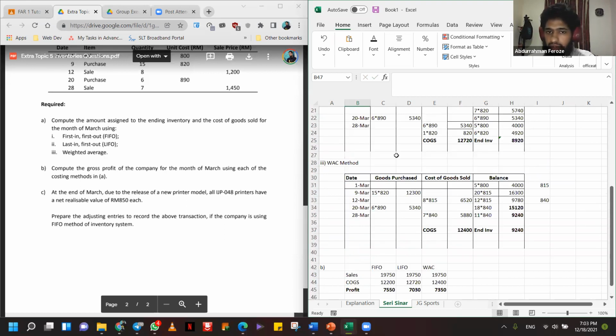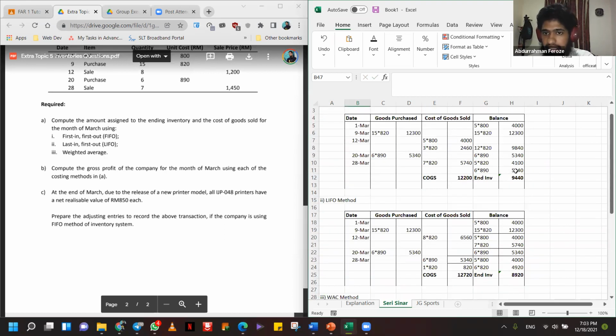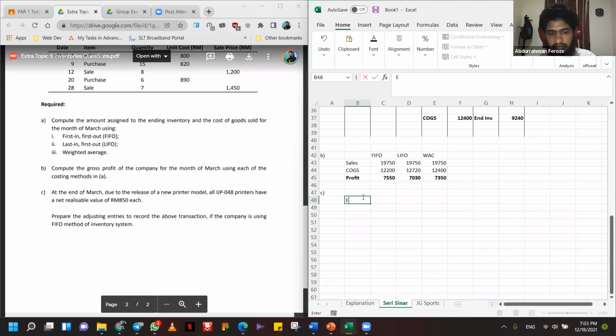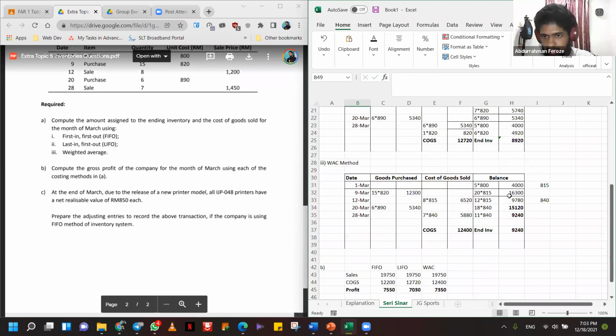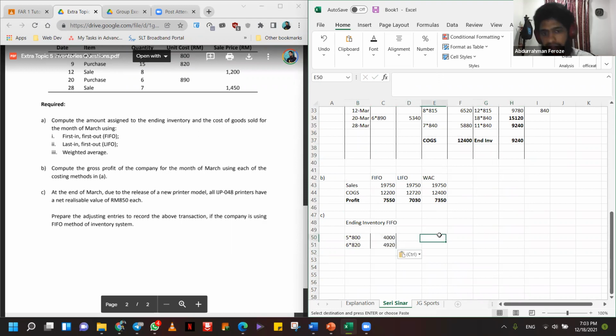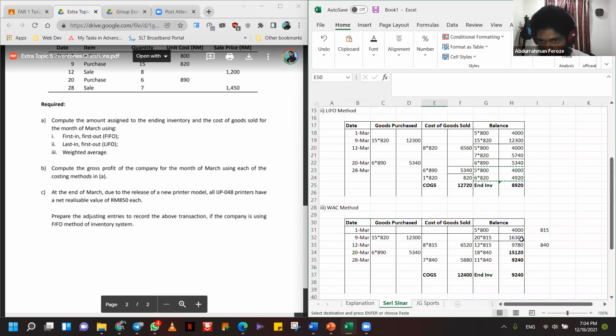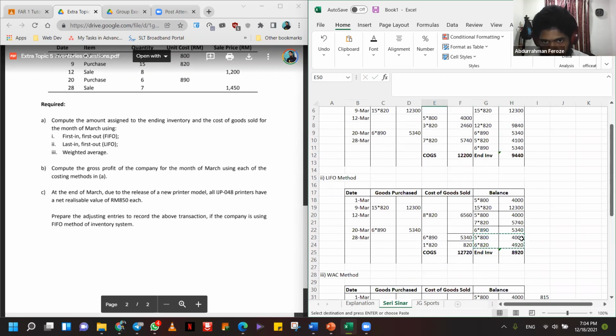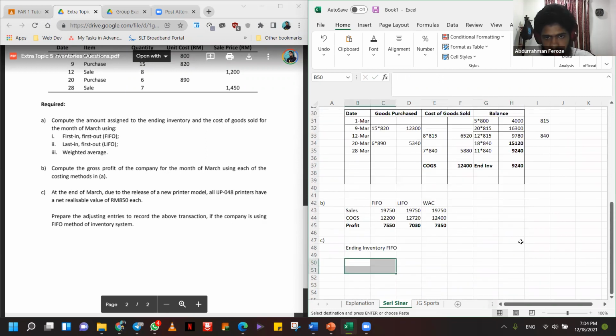So in the FIFO method, this is our ending inventory.